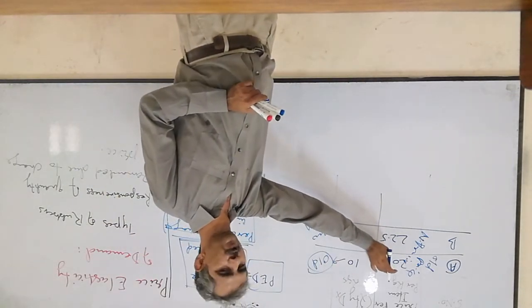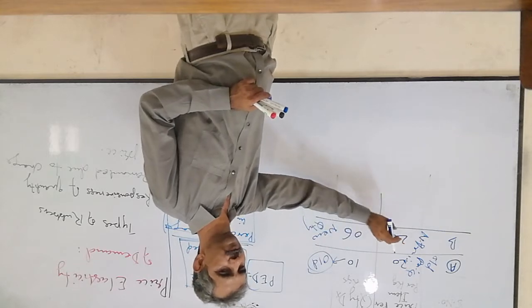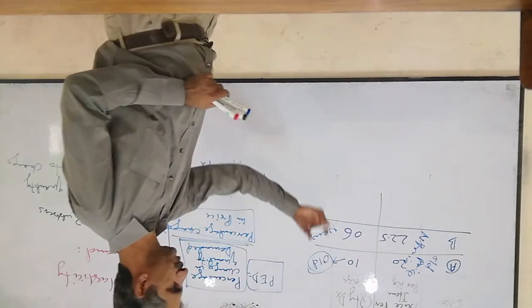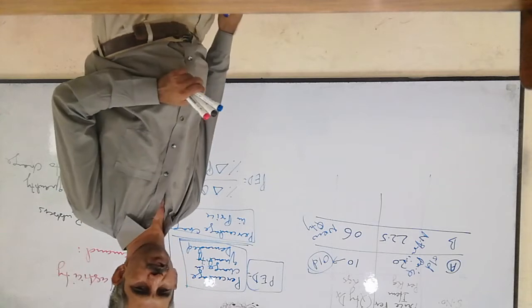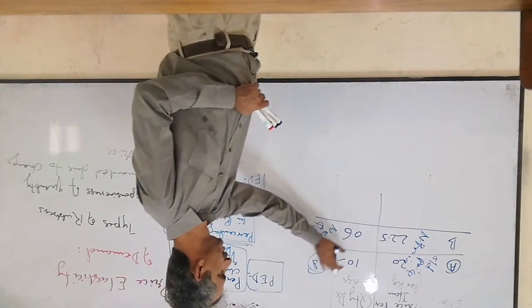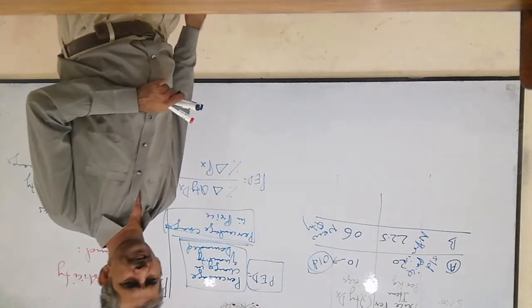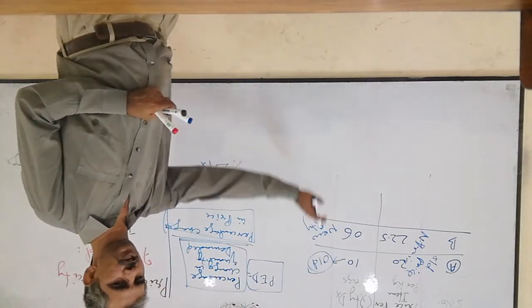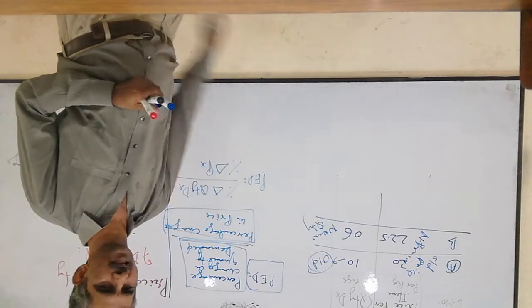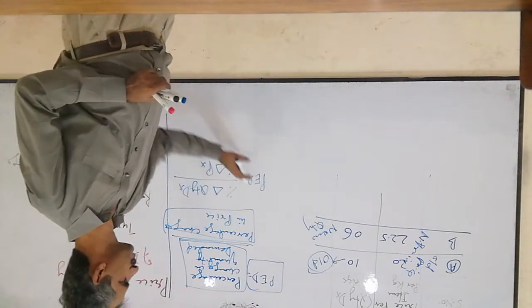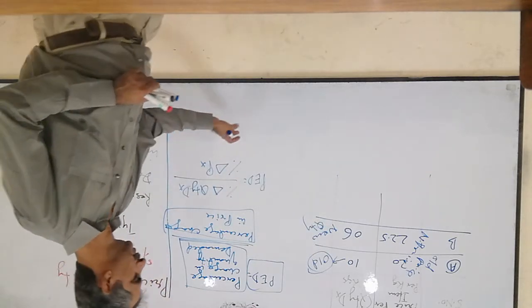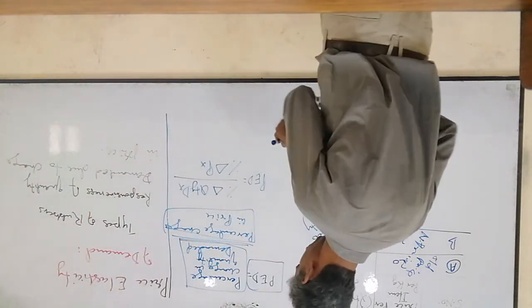Price has changed from 20 to 22.5, and the quantity changed from 10 to 6. We don't know what percentage change occurred in quantity and price. So before solving this problem, you need to calculate the percentage changes.